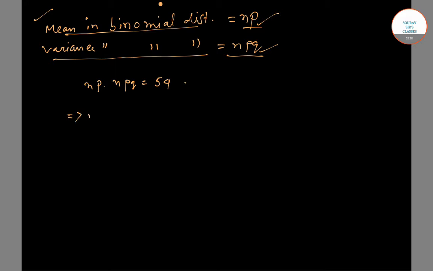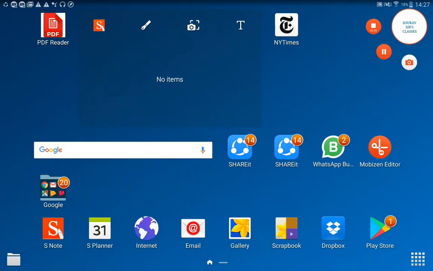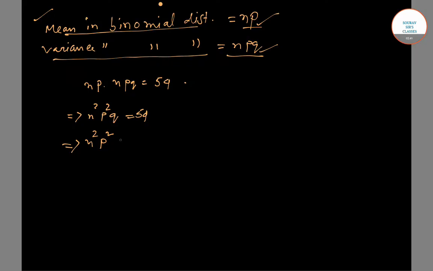Now from here we can write n square p square q equals 54, or say for example n square p square, and instead of q we can simply write 1 minus p, equals 54. So this is something which we already have.